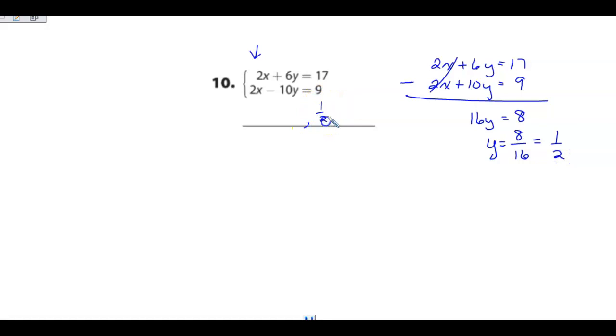So my y is 1/2. So if y is 1/2, 2x plus 6 times 1/2 equals 17. Half of 6 is 3. Oops.